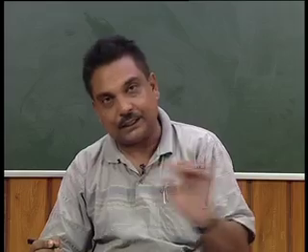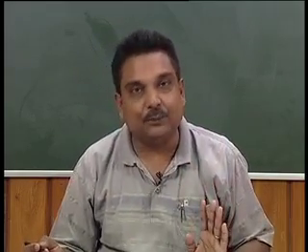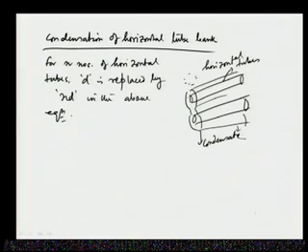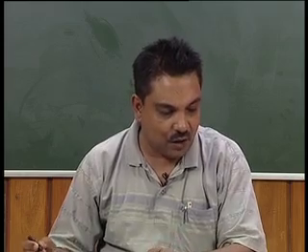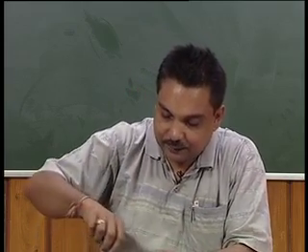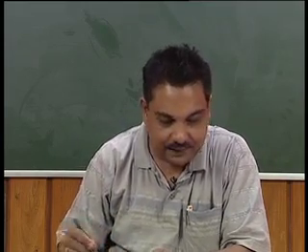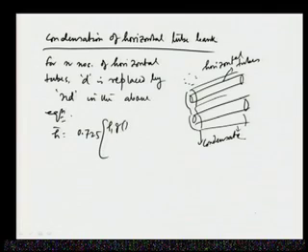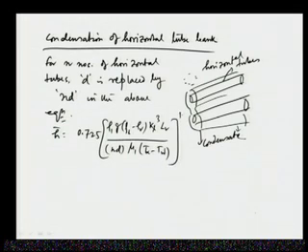So, whatever we have in the horizontal tube equation, the D will be replaced by N into D, because it is the number of such tubes into the diameter of the tubes. So, if I write the equation, h bar is 0.725 times rho_L into g into (rho_L minus rho_V) into k_L cubed into L_V, divided by N into D, then mu_L, here is the change only, then (T infinity minus T_W), the whole to the power 1 by 4.